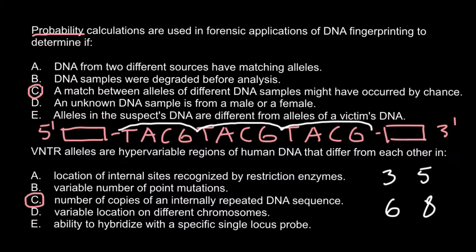So as you see, every person has a unique number of such tandem repeats, and no 2 people have the same DNA profile, just like no 2 people have the same fingerprints. Except, of course, that 2 identical twins would also have the same DNA profile, but all other people would have different DNA profiles.